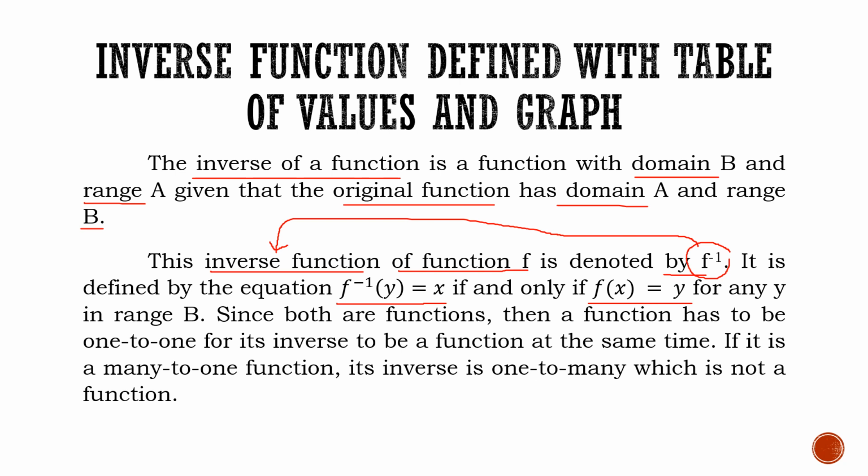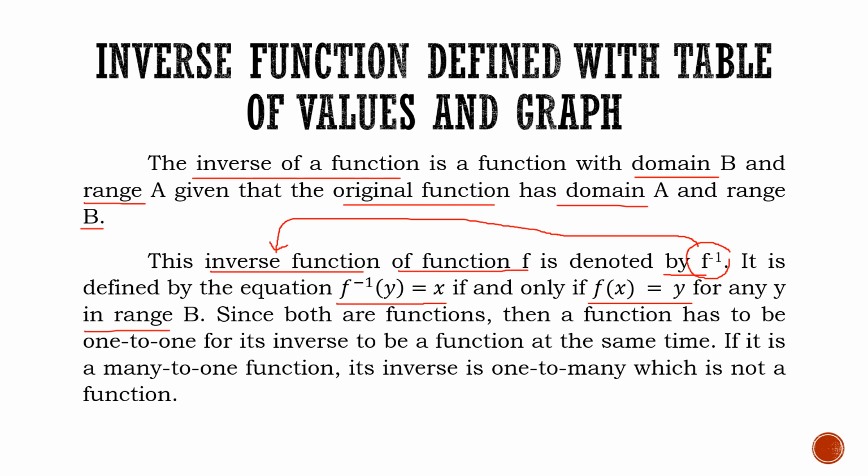In your original function, f of x is equal to y. But in the inverse function, once we swap the position of your variables x and y, your f raised to -1 of y is now equal to x for any y in range B.